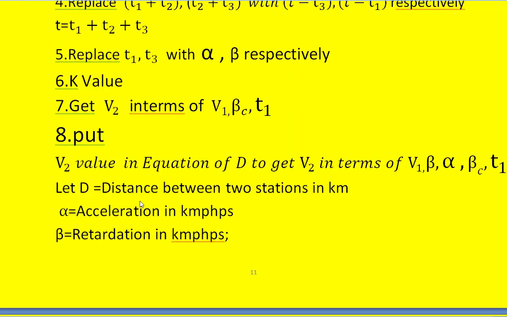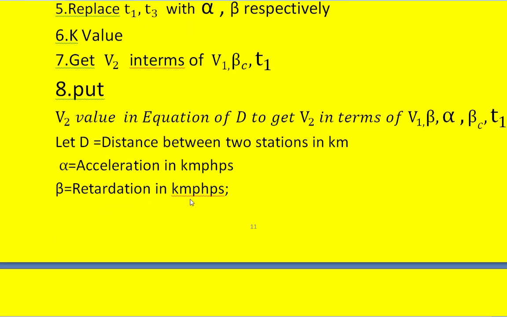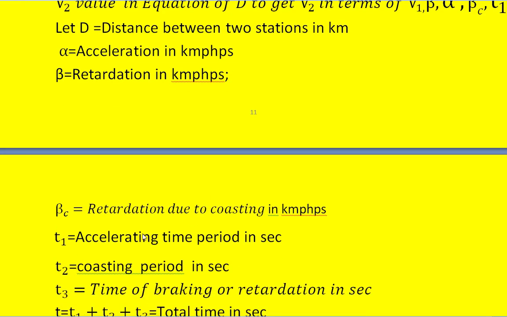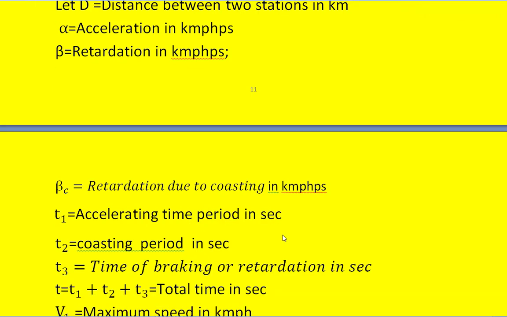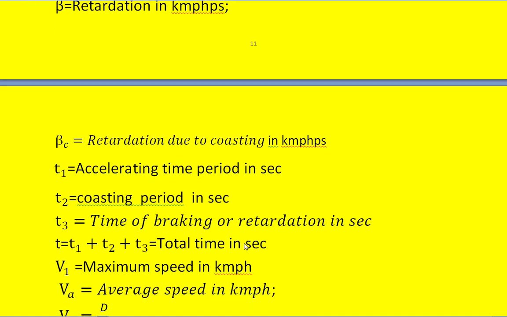Let capital D is the distance between the two stations in kilometers, and alpha is the acceleration in kilometer per hour per second, and beta is retardation in kilometer per hour per second, and beta c is the retardation due to coasting in kilometer per hour per second, and T1 is accelerating period in seconds, T2 is coasting period in seconds, T3 is retardation period in seconds or braking period in seconds.